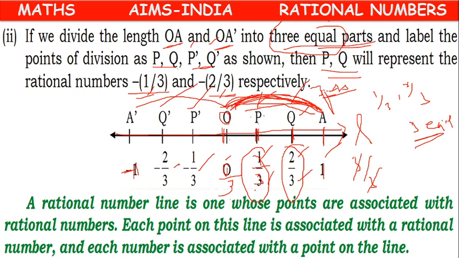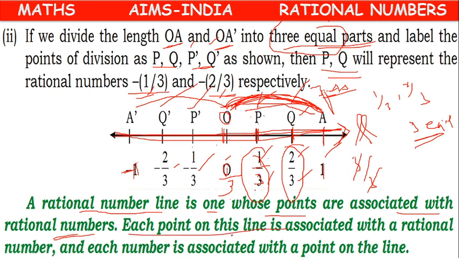So like this, a rational number line is one whose points are associated with rational numbers. When the points represented on the number line are associated with rational numbers, then we call it a rational number line.